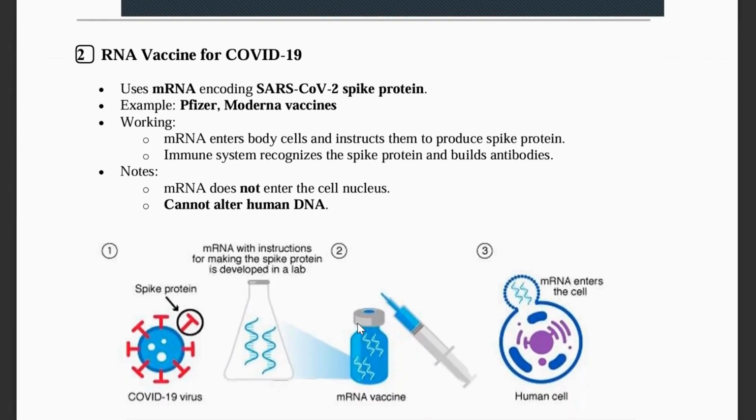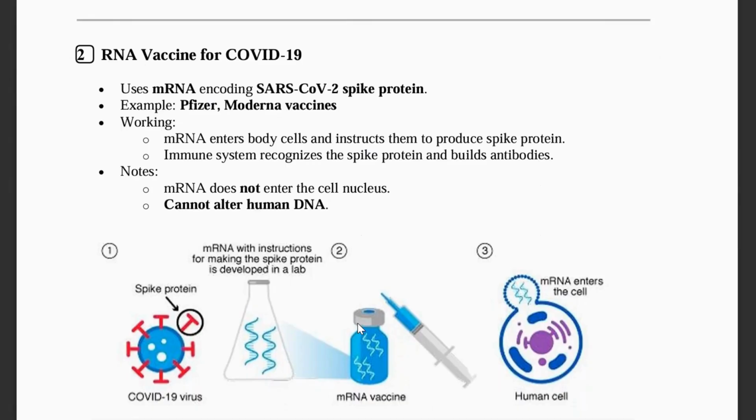Here it uses mRNA encoding the SARS-CoV-2 spike protein. Examples of the vaccine are Pfizer or Moderna vaccines. Working: mRNA enters the body cell. It instructs them to produce a spike protein so that the immune system recognizes the spike protein and builds the antibodies. mRNA does not enter the cell nucleus.